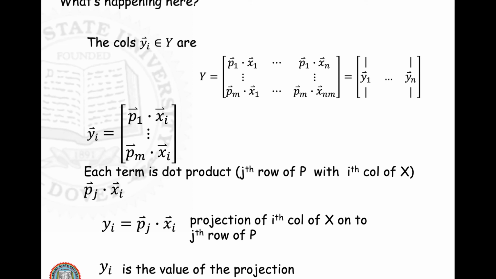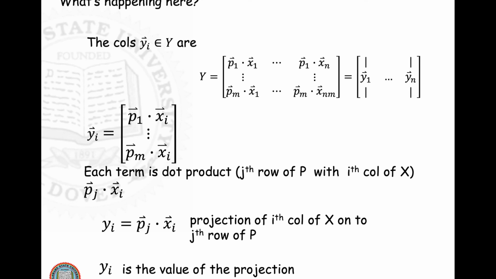And as such, we said that matrix Y is equal to matrix P times matrix X. And it just so happens that the rows of our system P behave like the new basis for all of the points that are originally in representation X. And so where we left off last, we talked about each term in Yi, the ith column of the Y matrix, is the result of taking the dot product of each of the rows of P, the bases, with each column of our design matrix, each measurement.